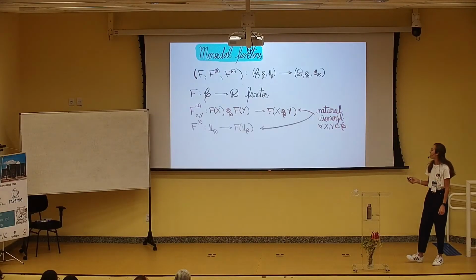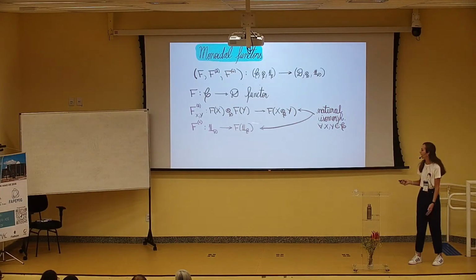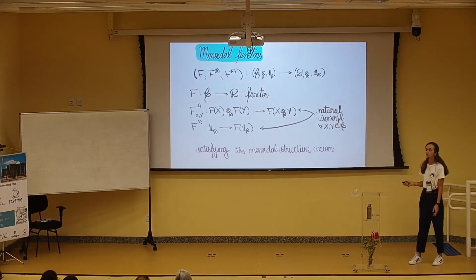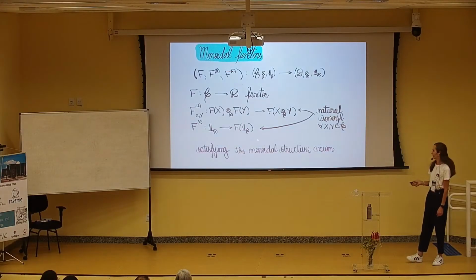And then you need to say how the unit is isomorphic to f of 1. And of course, there are diagrams to commute, as every time you have categories. So just to have an idea that monoidal functors are there.